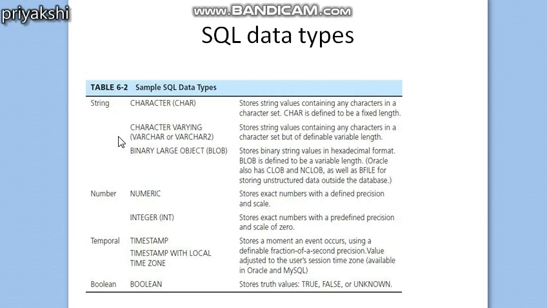Next, the Boolean data type has the traditional values of true and false. In SQL, because of the presence of null values, a three-valued logic is used, so a third possible value for a Boolean type is unknown. Whenever we have to represent null values, we use this Boolean data type, which also represents another value, that is unknown.